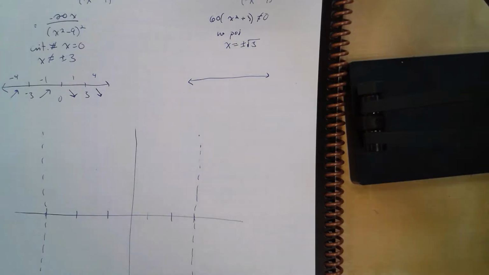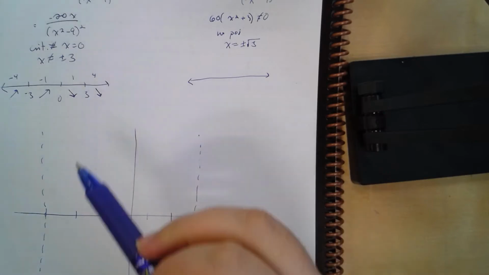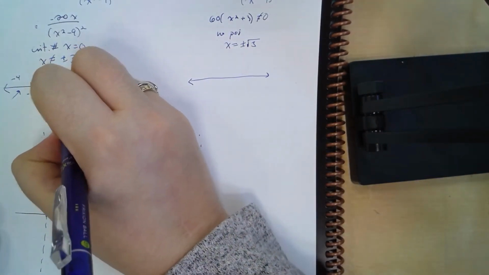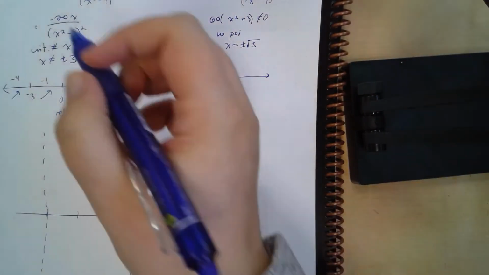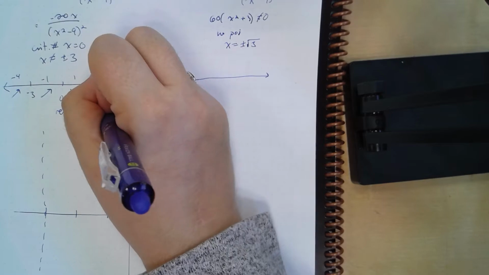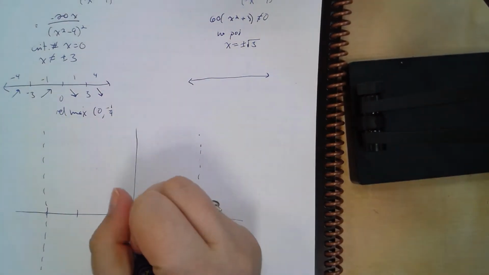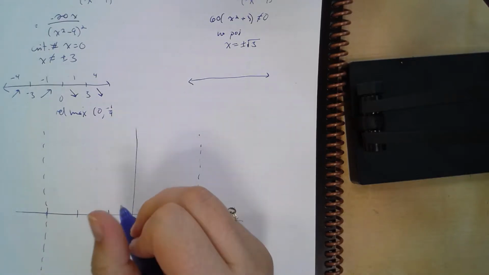At 0, we were increasing and then decreasing, so it looks like we're going to have our relative maximum at 0, negative 1/9, it looks like. Is that right? It's not in a great spot, but 0, negative 1/9 might be right here.